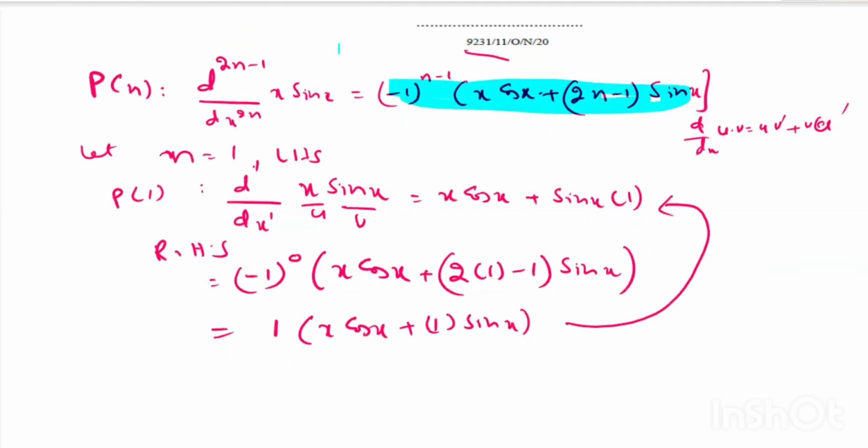Now we put the second condition, which is n equal to k.